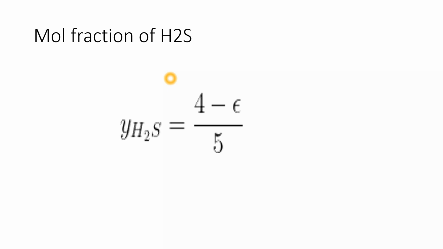From where do we get the minus sign? Minus sign is the stoichiometry of H2S. If you see in the equation, the stoichiometric coefficient is 1, but it is on the side of the reactant. H2S is a reactant, so we take minus sign into zeta.